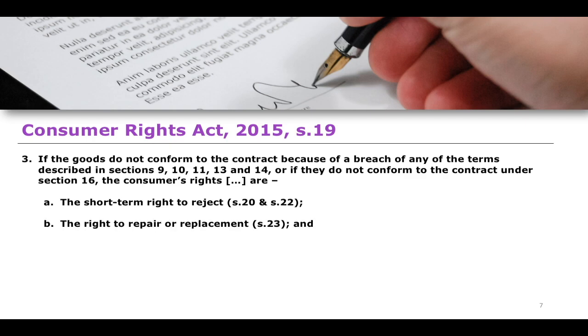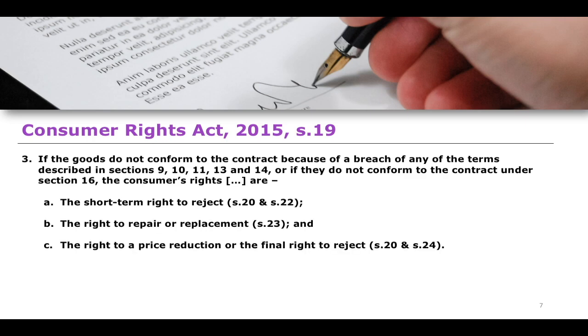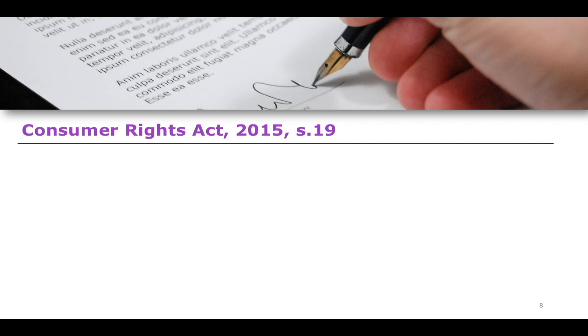The right to repair or replace, which is found in Section 23, and the right to a price reduction, or the final right to reject, as is in Section 20 and then in Section 24, all of which gives an indication of the processes for remedies by which you can essentially reject the goods in question because they do not perform and do not conform to the basic satisfactory qualities and standards that are required as per sections 9, 10, 11, 13 and 14, or you can have a right to price reduction, right to repair or replacement.